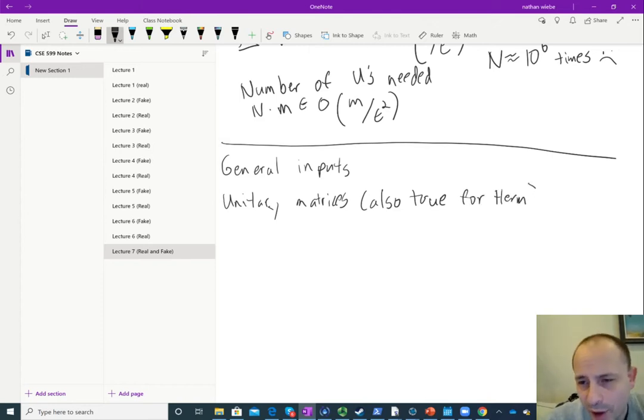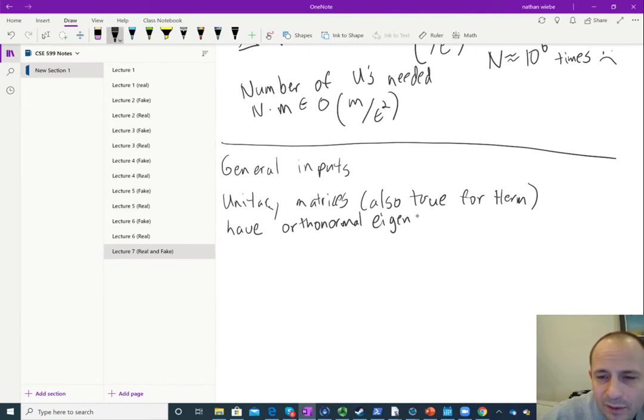And then this property is proven for Hermitian matrices, but in any case, unitary matrices have orthonormal eigenvectors.